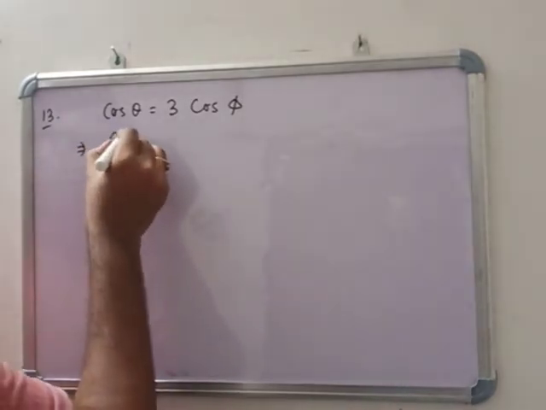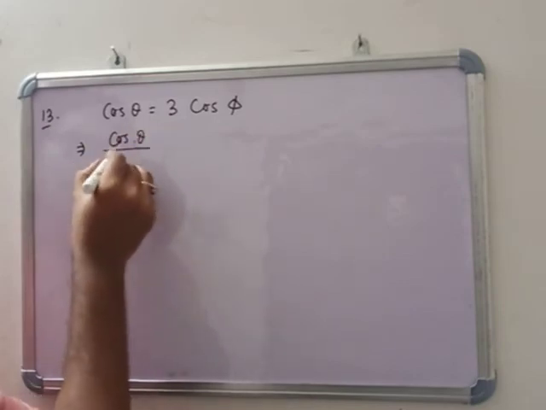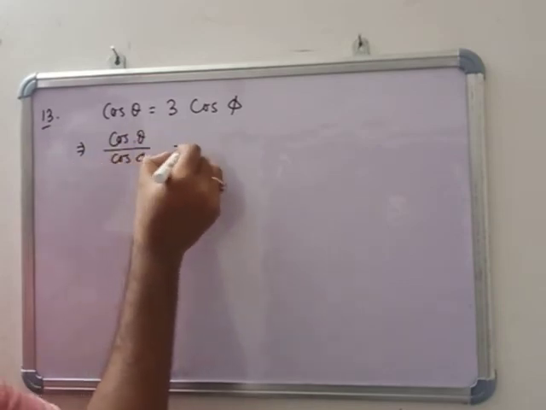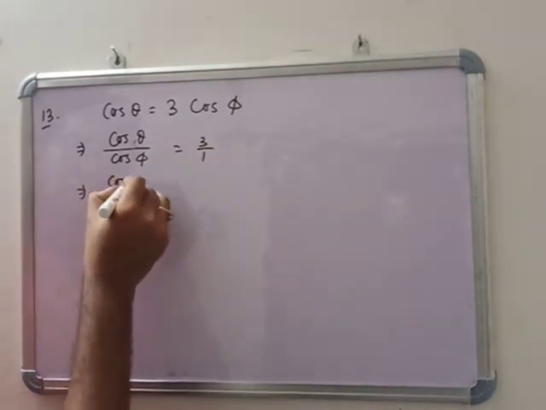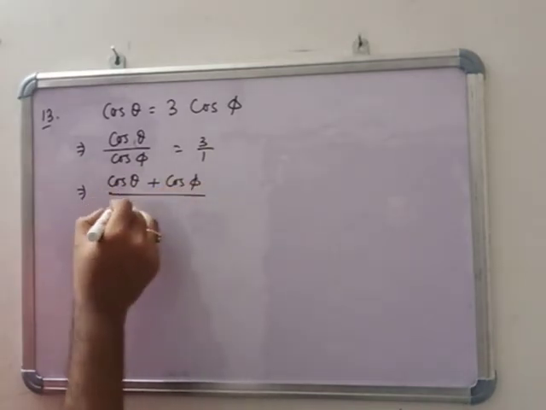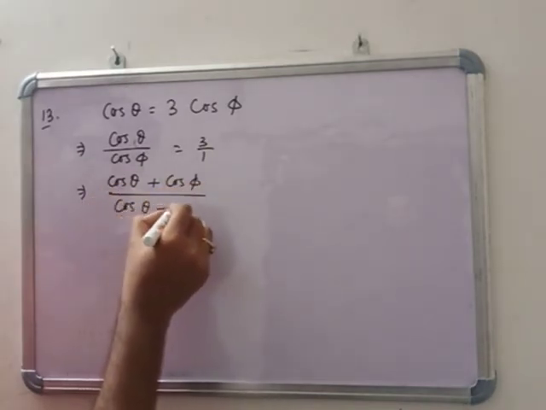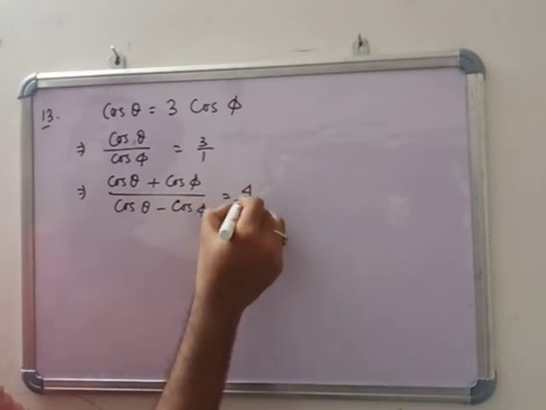So we can write here cos theta by cos phi equals to 3 by 1. So that means cos theta plus cos phi by cos theta minus cos phi equals to 4 by 2.